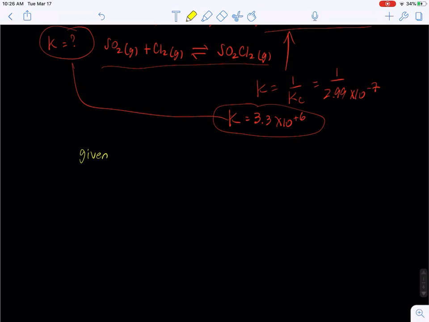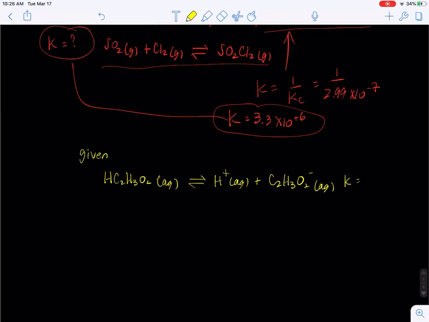Given this guy here, this is acetic acid ionization to produce acetate and hydrogen ion.